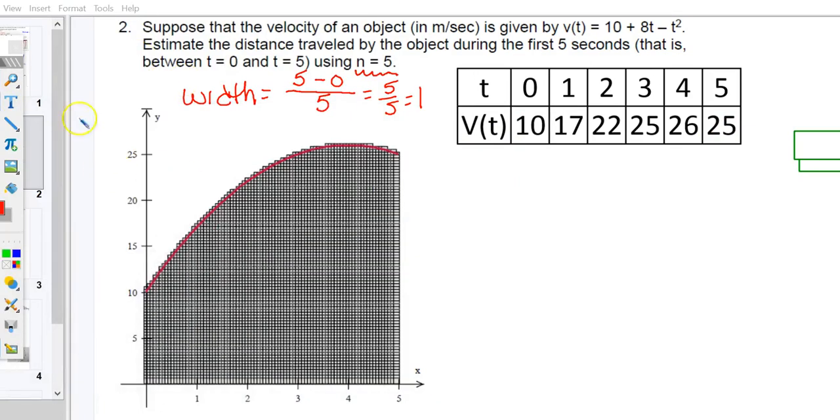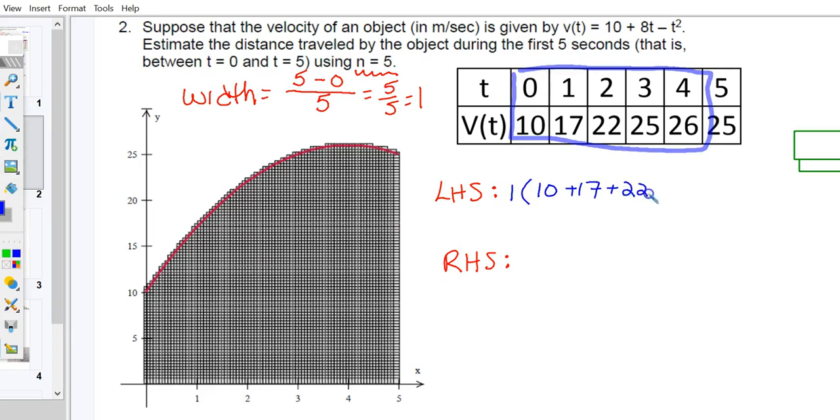Okay, so we're going to do a left-hand sum, a right-hand sum. And because it said use 5 rectangles, we're stuck with a width of 1. I can't do a better estimate at a half or a quarter. Here's our left-hand sum values to add up, a width of 1, type them in your calculator.